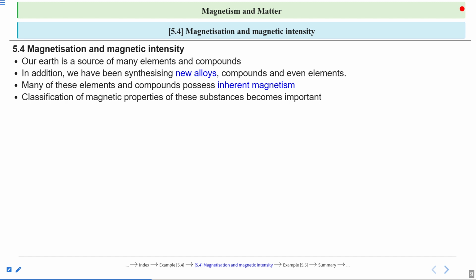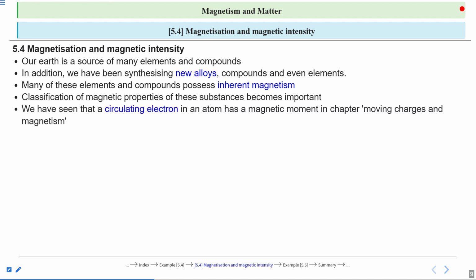We have to classify what type of magnetism they inherit, that is, if we bring a bar magnet or any magnetic material closer, are they repelling that magnet or attracting it? What is the behavior of these materials? They are classified on the basis of their magnetic properties, so it is important to study their characteristics separately.